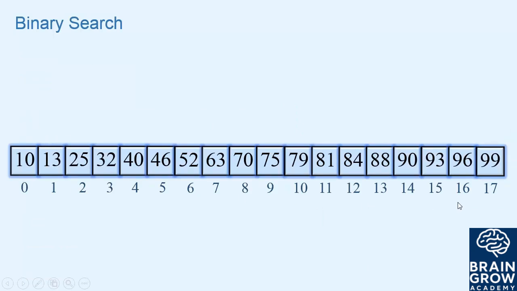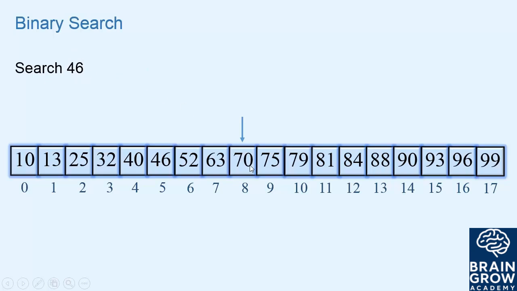Suppose we have this array and we have to search for the value 46 in this array. Clearly this array is sorted, so we can perform binary search. Now this is the middle element. So we compare this search value 46 with this middle element 70. Now 46 is not equal to 70.